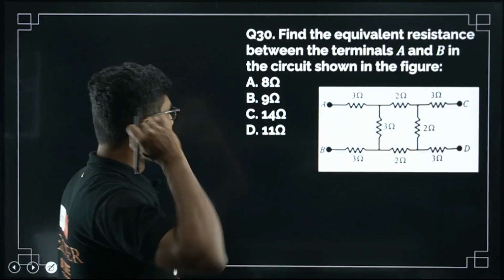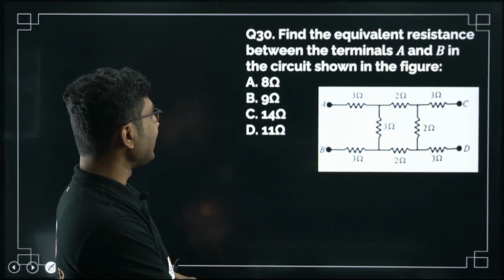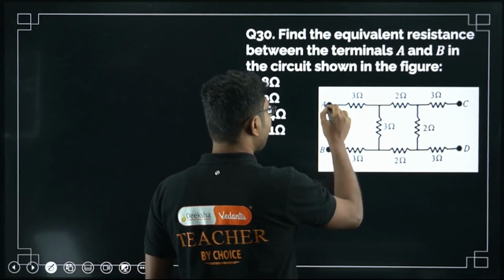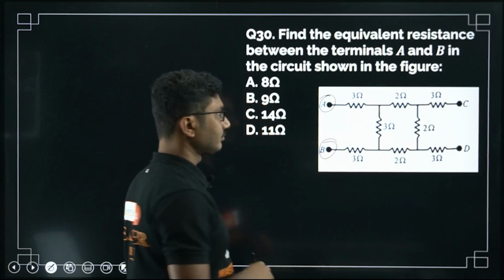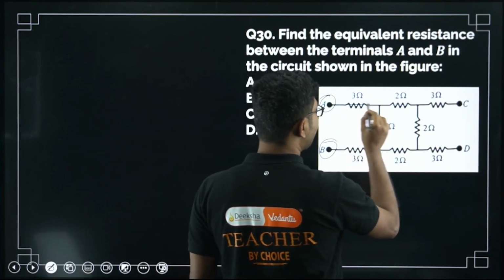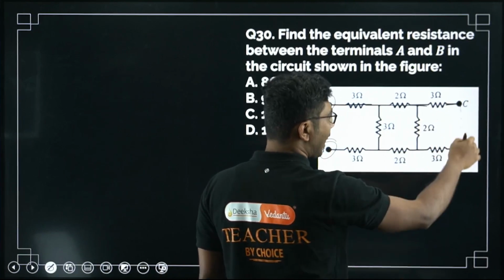Now another question: find the equivalent resistance between the terminals A and B in the circuit shown. So you are trying to find the equivalent resistance between A and B. Another tricky question. Here, as you can see, if you start from here, you cannot reach C. There is no path here.